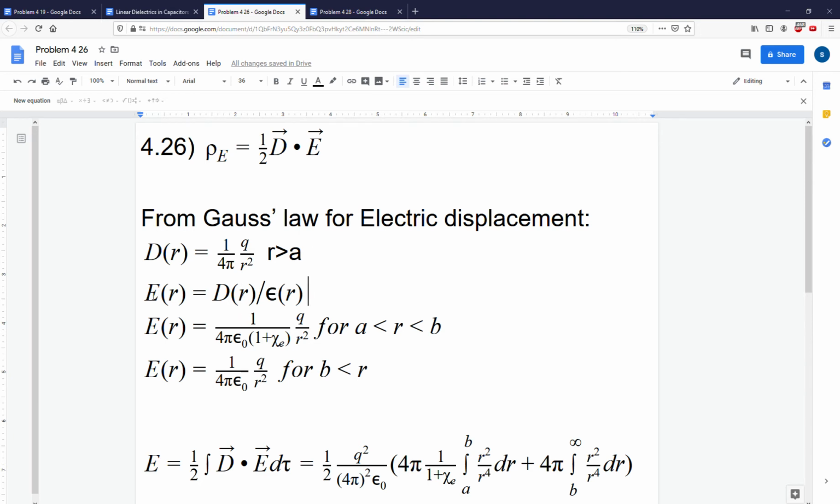So this electric field will change and will experience a jump as we hit the bound charge on the surfaces of A and B. We should therefore define electric field as a piecewise function. While we are inside the dielectric material, electric field is given by this formula, and while we're outside the dielectric material, the electric field is given by this formula.